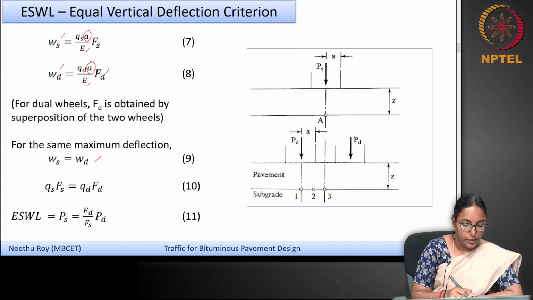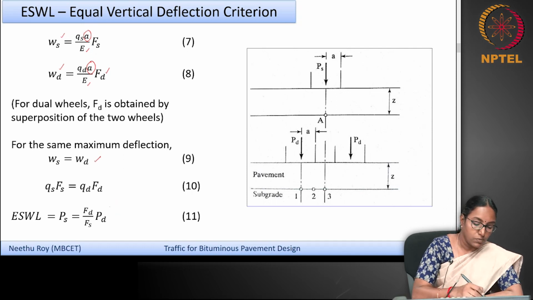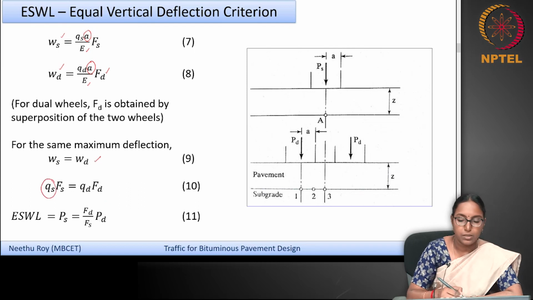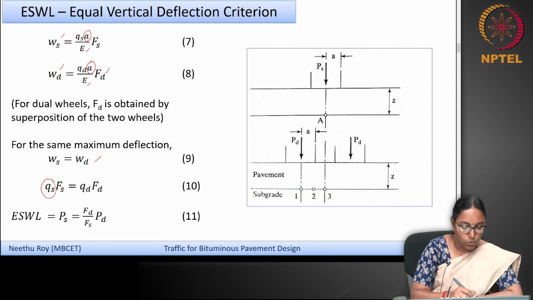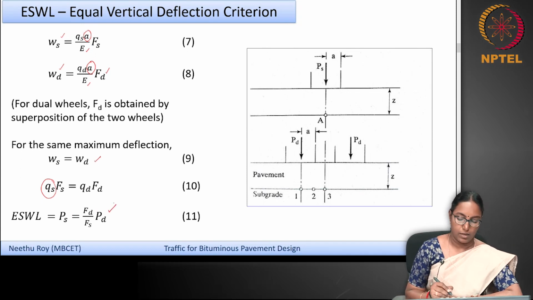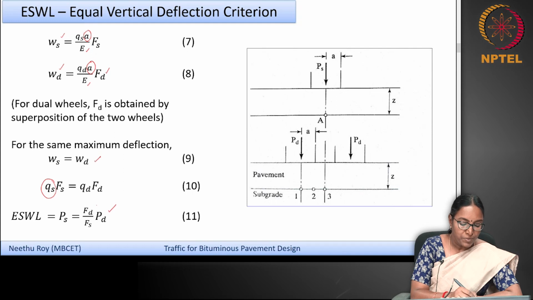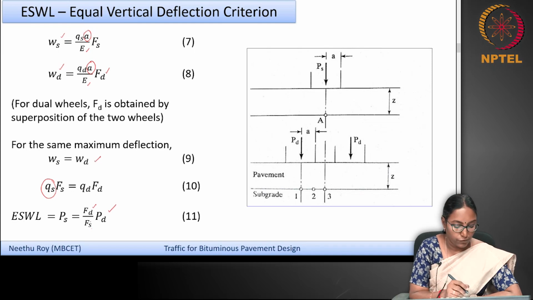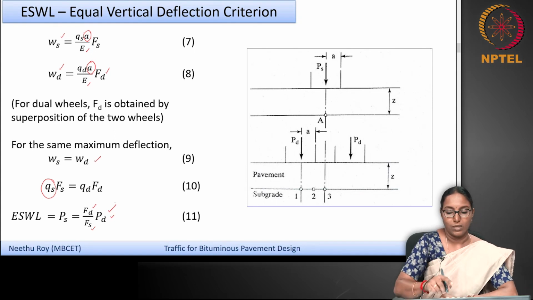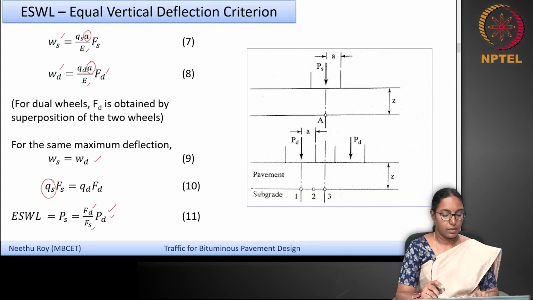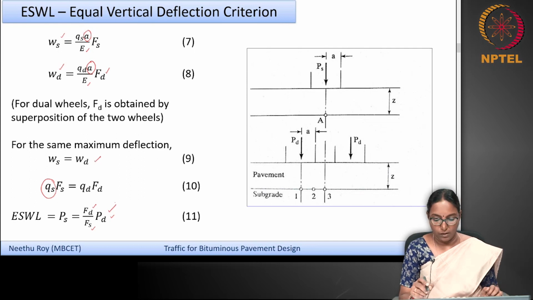As the contact radius is the same, qs is proportional to the load P. So you get Ps equal to Fd by Fs into Pd. Here Fd is the maximum deflection factor for the dual wheel assembly, Fs is the deflection factor for the single wheel, and Pd is one of the dual wheel loads. So multiplying with this ratio, you get the equivalent single wheel load.